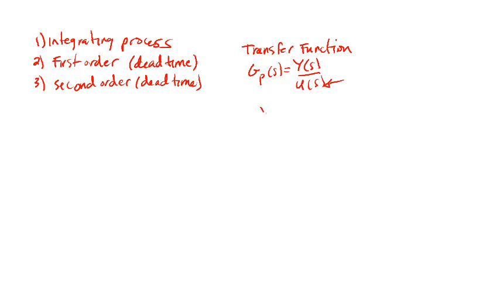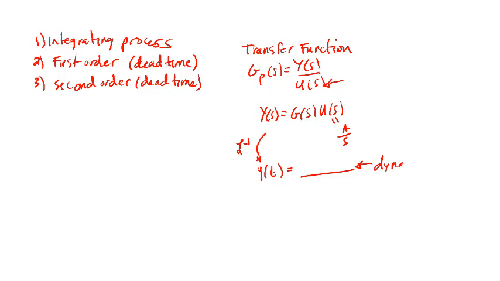The time-dependent response would come from this system right here, where we take the transfer function in the Laplace domain and multiply it by the input function. Remember, we said we're going to do step changes in the input, which would be something like a over s, where a is the step change. Then, knowing the transfer function, we can take the inverse Laplace and get back to y of t.